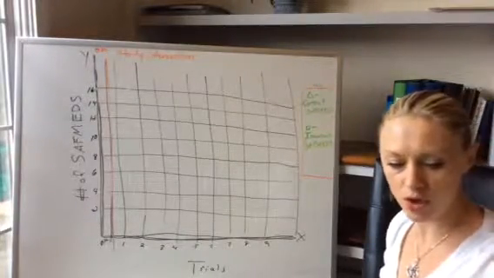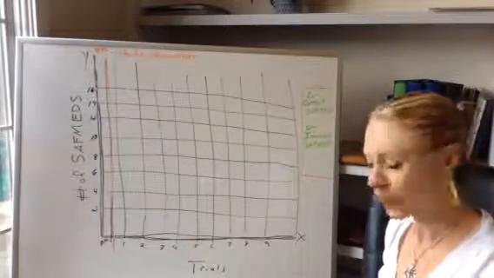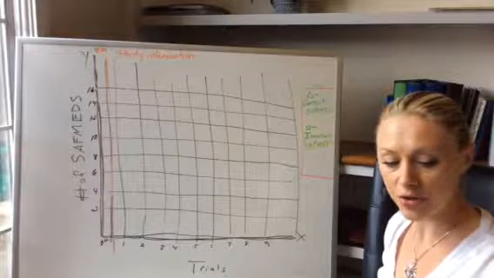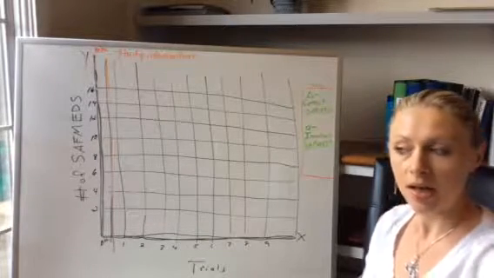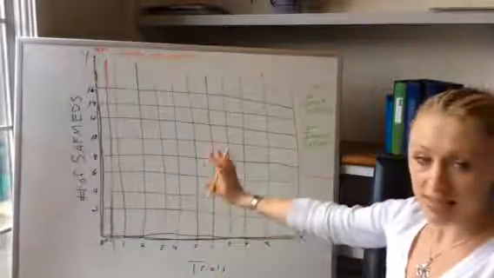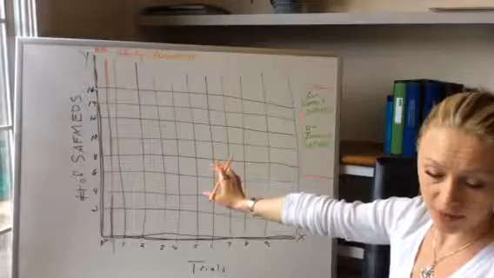All right, so let's move forward a bit here. And we're going to talk a bit about things that you might see on the graph and how you can interpret graphic displays.